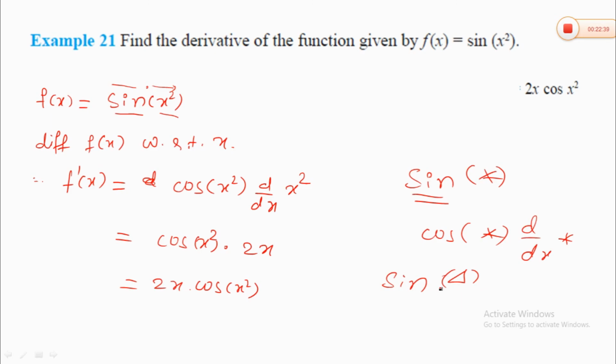Just imagine the triangle is inside this sine. First find the derivative of sine, that is cos. Write whatever is inside this one, that is triangle, then dy dx of triangle. In this manner. Just remember that this is not the proper way, but still remember this: cos of triangle, dy dx of triangle.